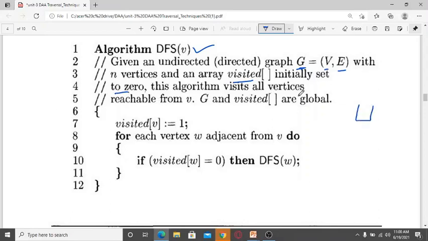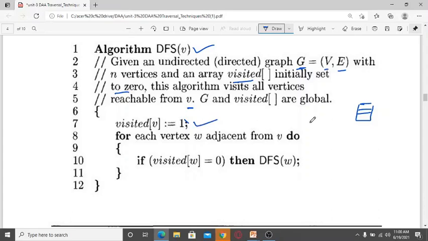This algorithm visits all vertices reachable from v. Okay, graph and visited are global. Then we visit, then we are popping. So visited[v] is equal to 1.